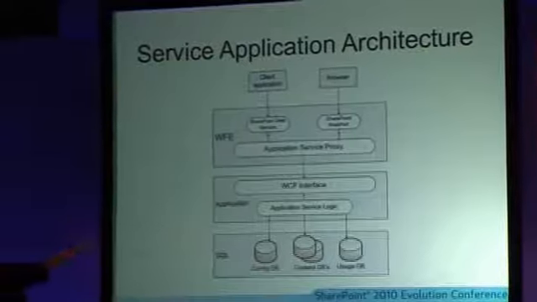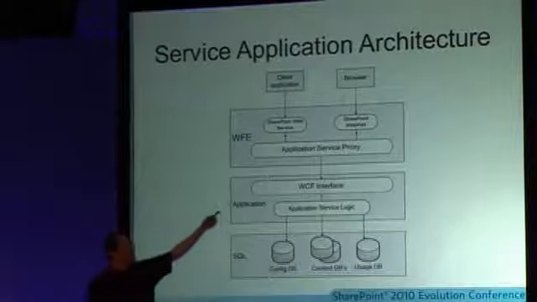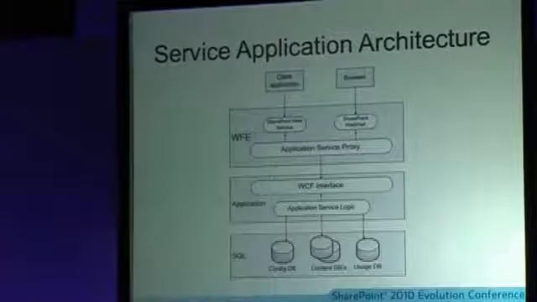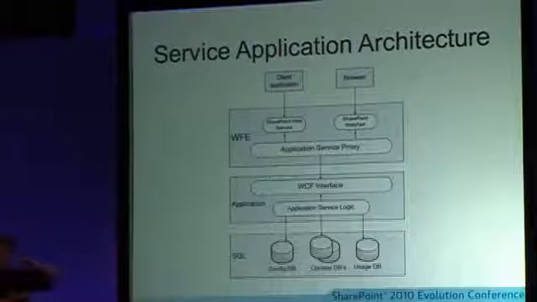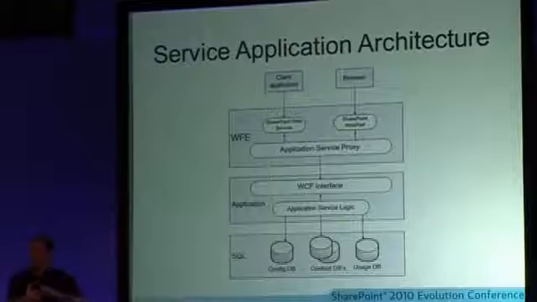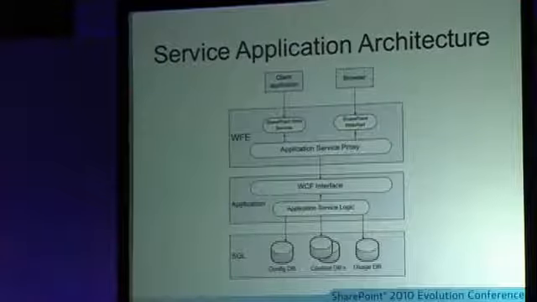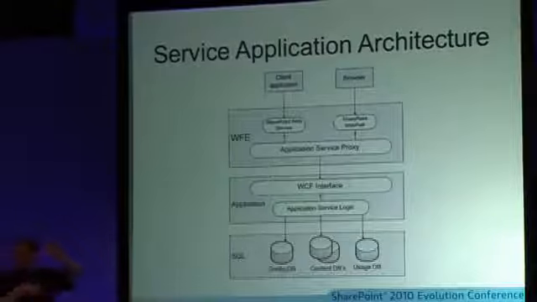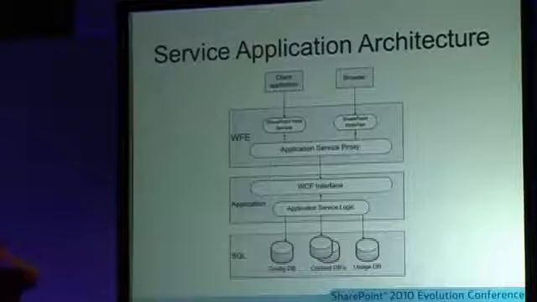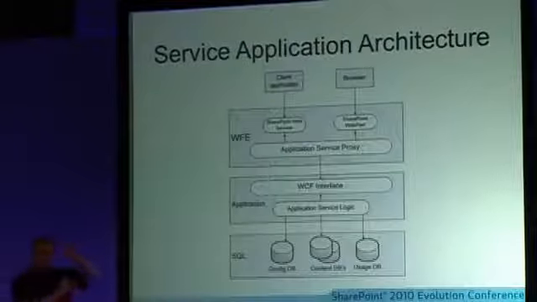But in between that, we've got the WCF interface. So we've got the communication foundation layer here, which is working between that front-end layer from that actual connection that the user's making, and then talking to the application service logic itself that's running on the app server. Now, obviously, if this is one box, it's all running on one box. But if it's two boxes, you've got a web front-end and an application box in the middle, then obviously the application itself, say Excel services or web analytics, as another example, the web analytics component is doing all the work.